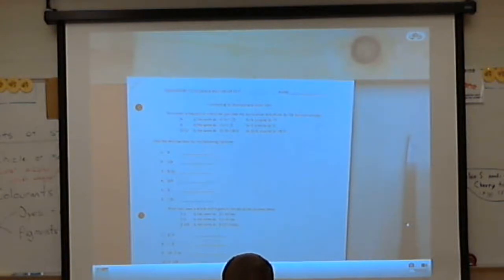Okay. So what we've talked about before is converting from fractions to decimal. The most times when we do that is when we're dealing with our board feet estimator.